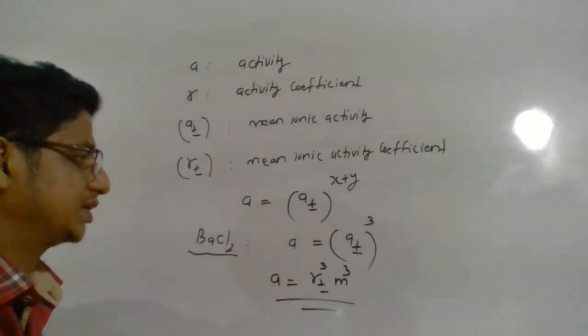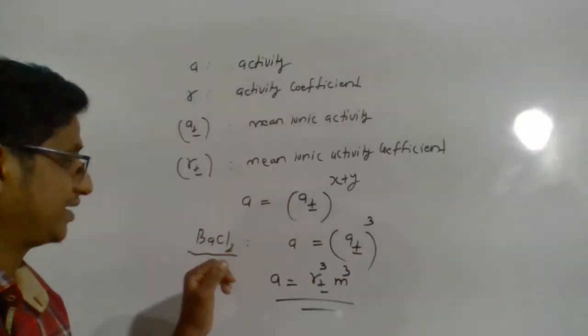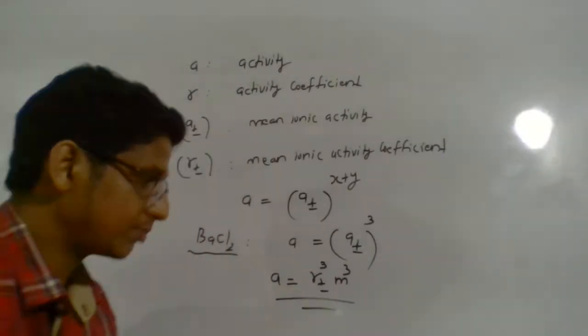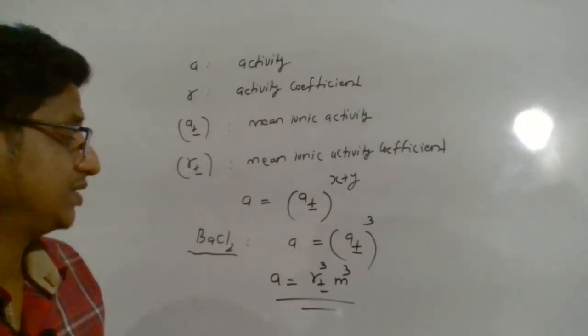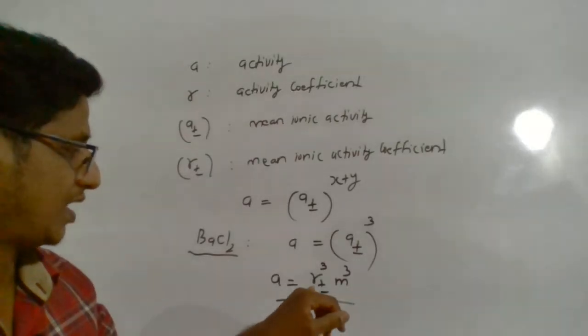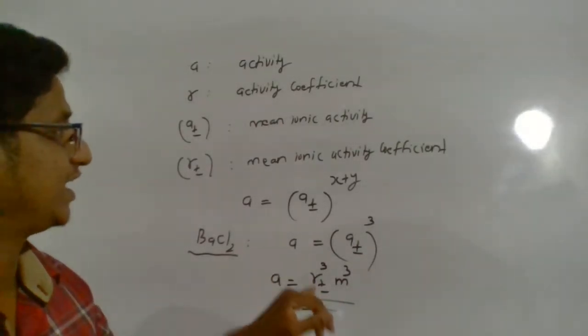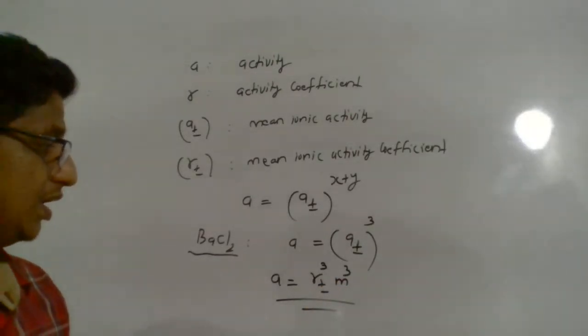So we can have a is equal to a plus or minus whole cube for a particular electrolyte like this. We can say it's not monovalent, it's polyvalent. This is the way you can find the activity of a particular electrolyte if you have the mean ionic activity coefficient and molality.